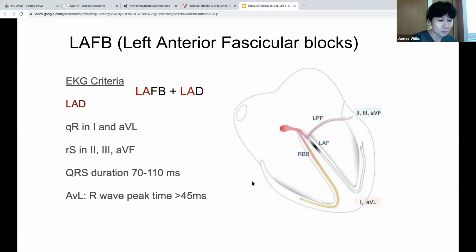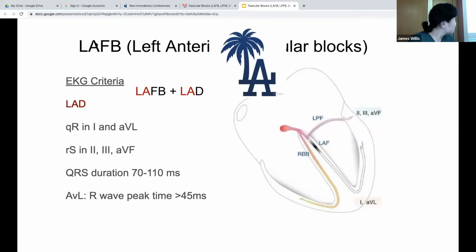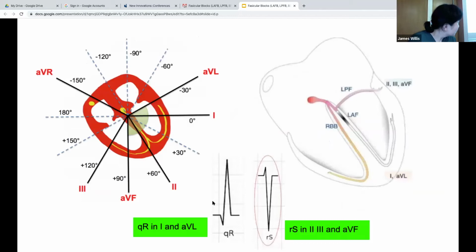They're essentially opposites, but sound the same when you are reading about it or even looking at an EKG. So what I remembered is that in the LAFB, you have LAD, just have LA in common, and then the left posterior is the one that doesn't have LA in it. So just remember one, and then the other one will make sense.